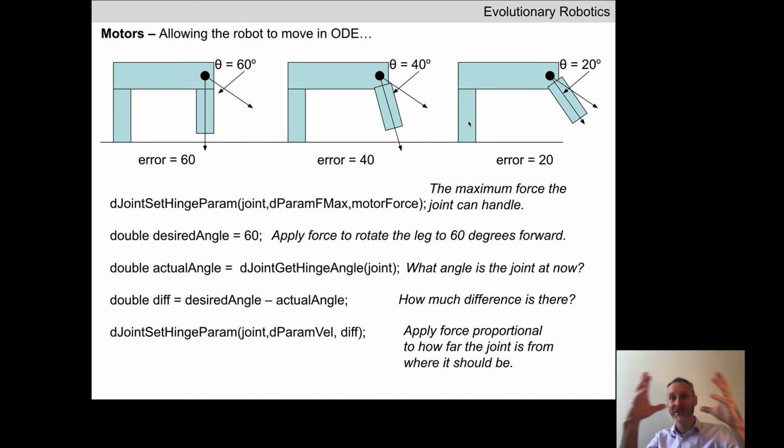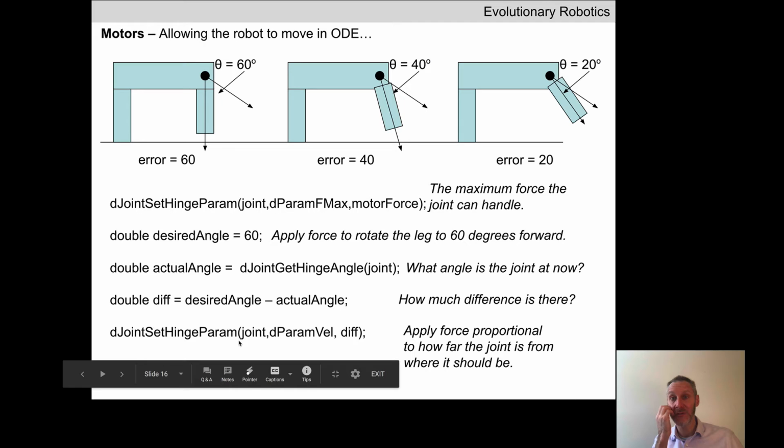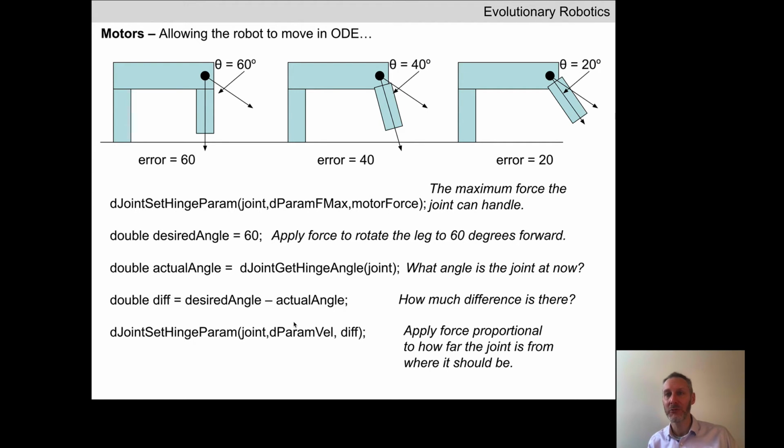So as the robot is lurching around in its environment, there are forces or momentum pushing and pulling on this leg as well. So the difference between the desired and actual angle in real life is probably not going to steadily decrease in a monotonic fashion. Okay, again, this is why we let the physics engine handle the forces. It's not always obvious to know exactly what forces should be applied.